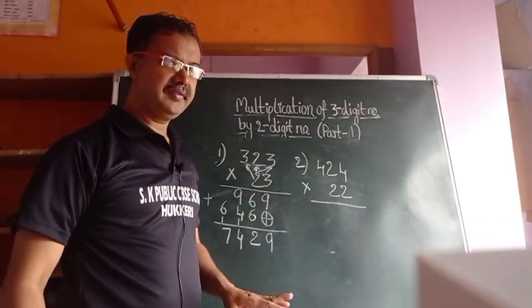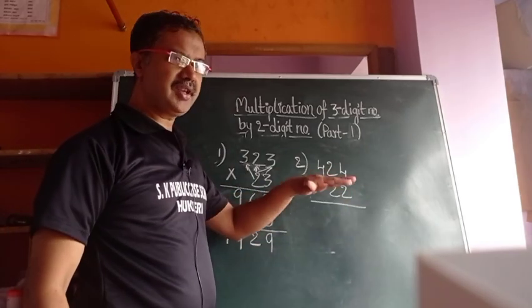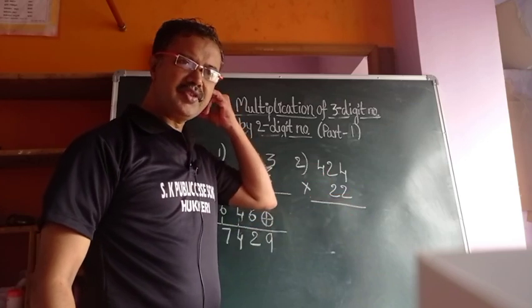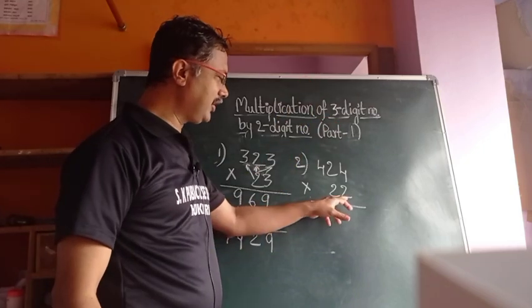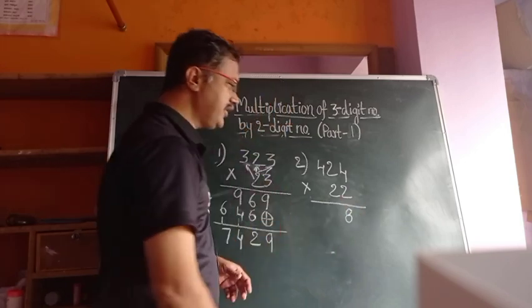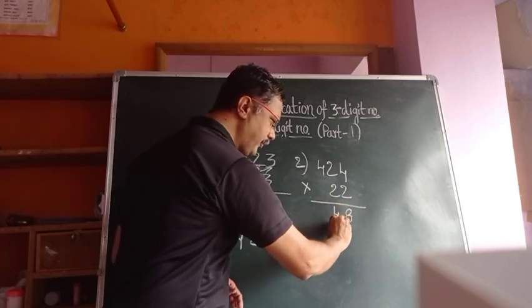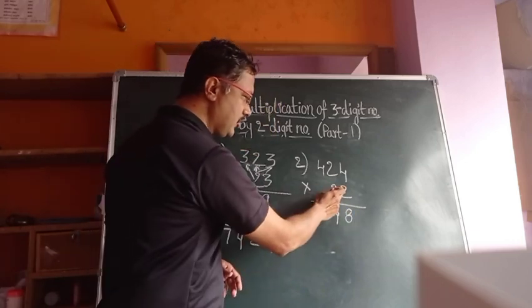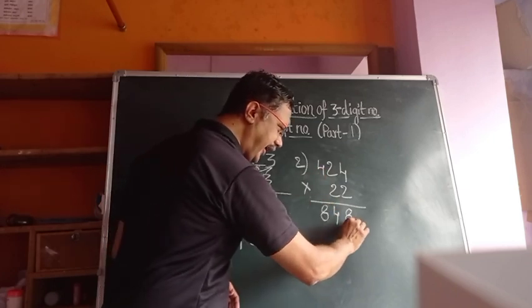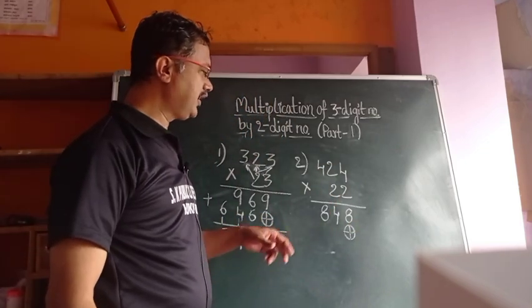Because to understand the purpose we are taking basics, step by step, slowly. Easy problems first, then we go a little more difficult. Now 2 4s are 8. 2 2s are 4. Next 2 4s are 8 again. Plus sign or 0 you have to insert on the next line.